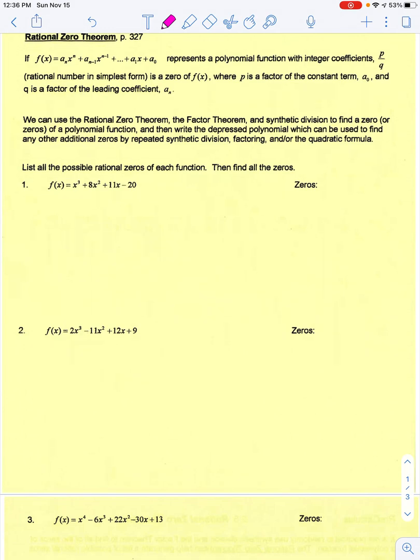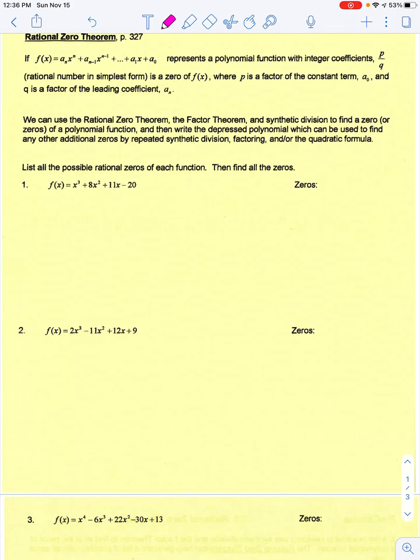It's a way to do synthetic division using a narrowed down list of values so that you can find a zero that is going to work. And so the possible rational zeros are going to narrow down that list.